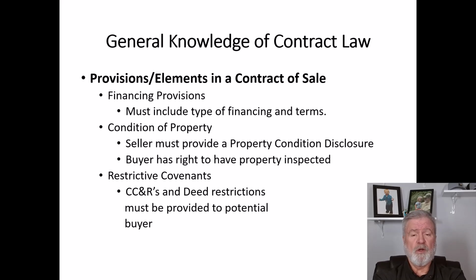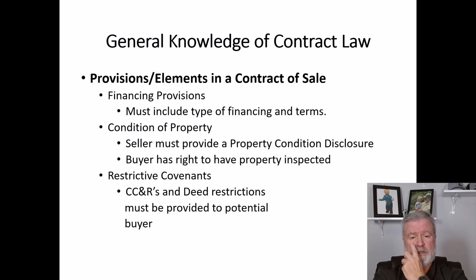Because I will tell you, a lot of times sellers never disclose the fact that there are restrictions on what you can or cannot do with this property. And quite frankly, they don't disclose it because they were never made aware of it. They didn't even know it was there. So y'all get a copy of the deed and make sure there are no restrictions. And if there are restrictions, make sure we know what those are. And obviously we want to make sure the buyer's okay with those restrictions.